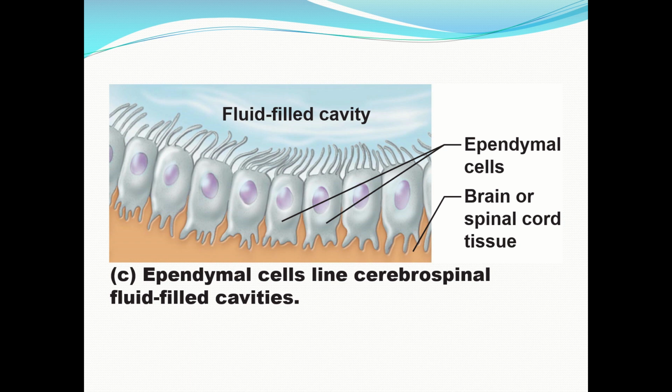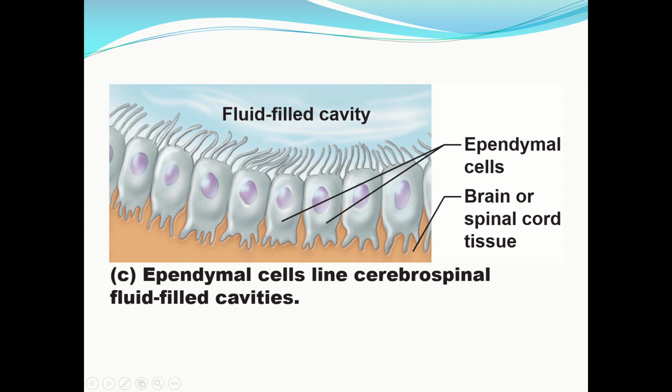All right, then there's the ependymal cells. These are very similar to epithelial tissue. And in some places, the books will actually describe them as a modified epithelium. They have that basal layer that is going to be in the brain or spinal cord tissue, and then they have the apical layer that will be next to the cerebral spinal fluid.